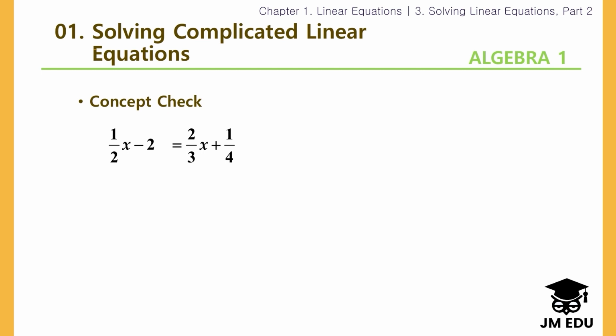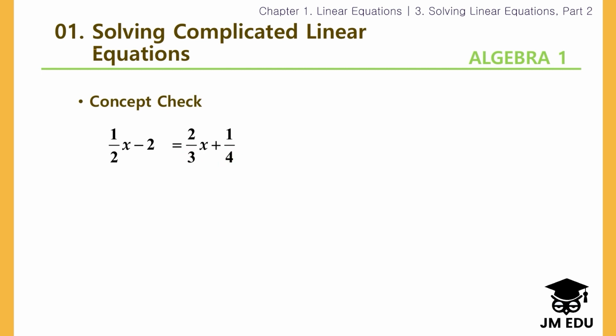Let's go over this concept check problem. We have 1/2 x minus 2 is equal to 2 over 3x plus 1 over 4. So, we have denominator 2, denominator 3, denominator 4, right?